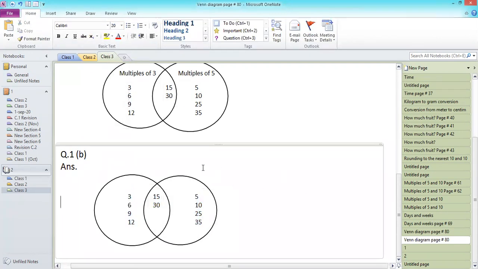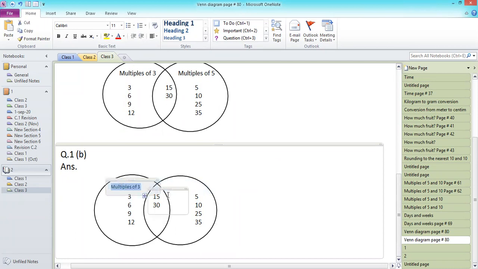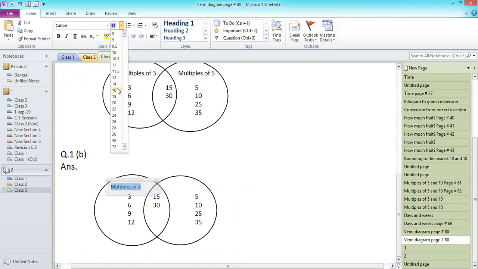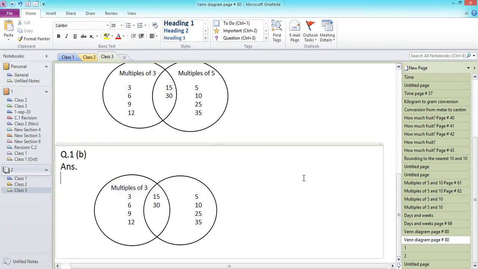These are multiples of 3. I'm going to give them a name: multiples of 3. Guys, you have to do it in your notebook, okay? These are multiples of 3, and these are multiples of 5.